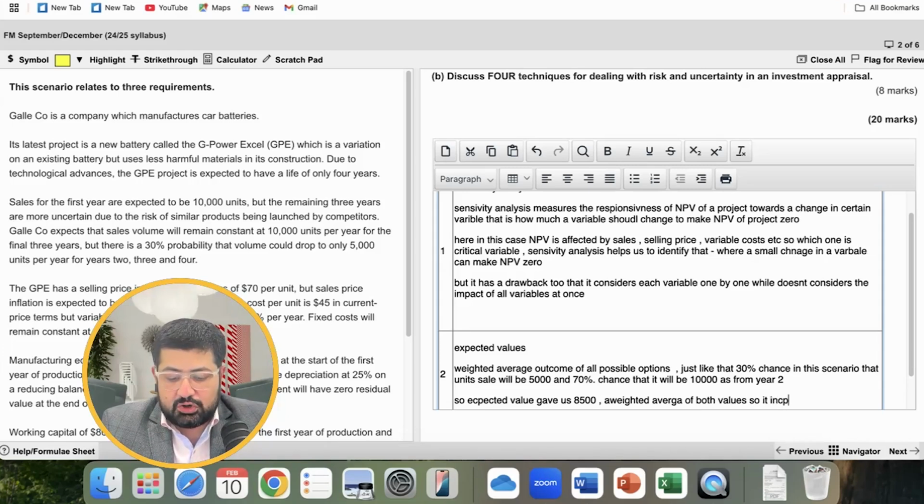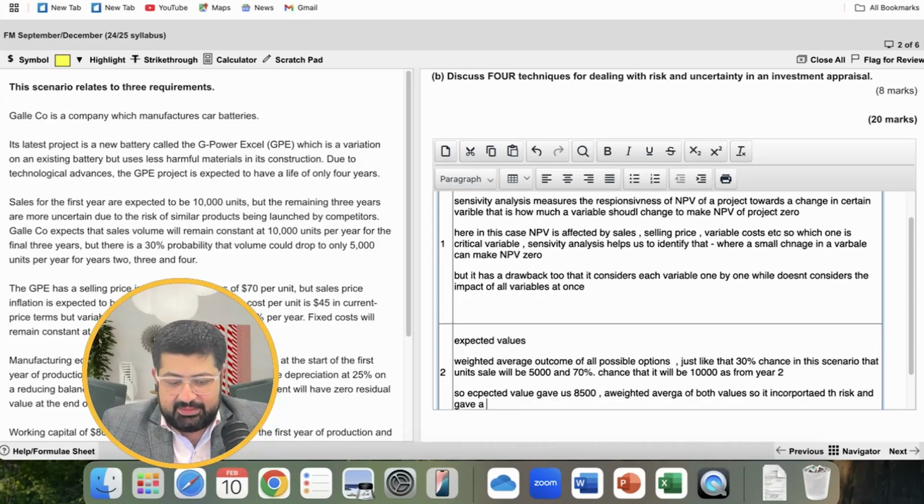So it incorporated the risk and gave a single amount.